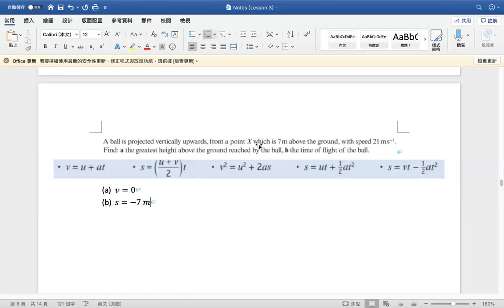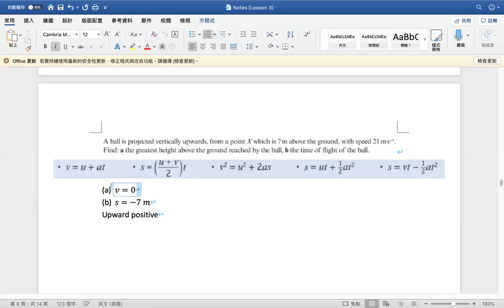Now first of all, for part A, what do you have? You have u, if up is positive, let's say. Upward is positive.